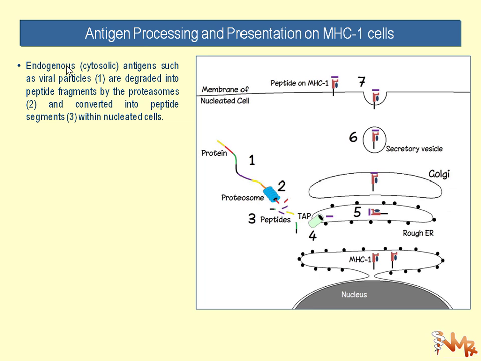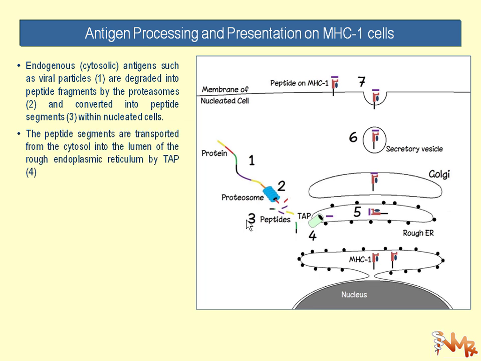So endogenous or cytosolic antigens such as viral particles, and here I'm showing a viral particle, different parts of the viral particles have different colors, are degraded into peptide fragments by proteasomes, and I'm showing the proteasome in blue, and converted into peptide segments, and I'm showing different peptide segments here, within nucleated cells of the body.